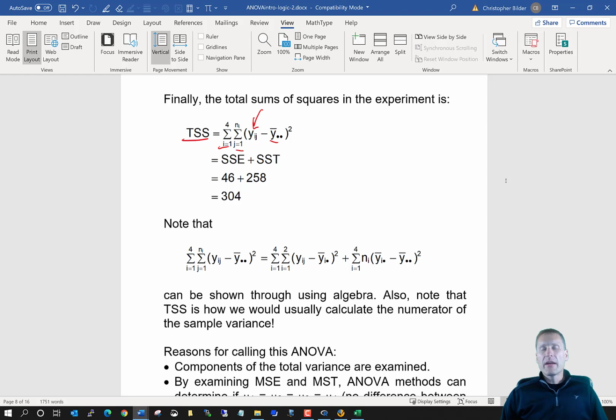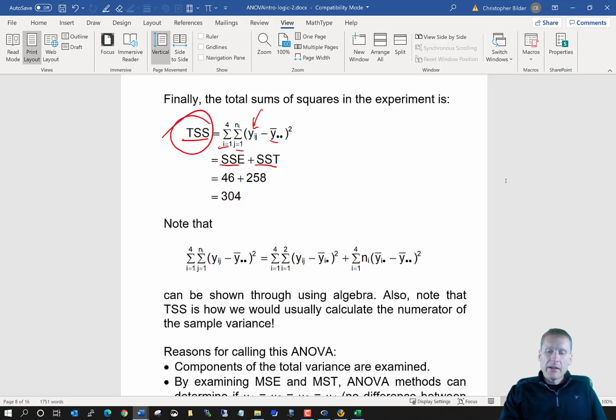And there's a very interesting relationship between the total sums of squares, the sum of square errors, and the sum of squares for treatment. And that is, if I were to take SSE plus SST, I get TSS. And so that's kind of interesting. And so basically what we did originally with this first and the second measure of variation, essentially what we're trying to do is partition the overall variation that actually occurs in our experiment.